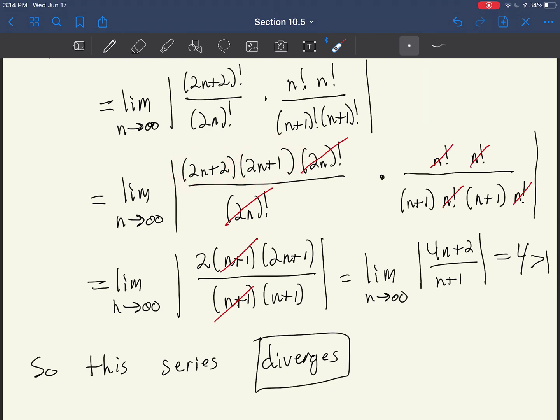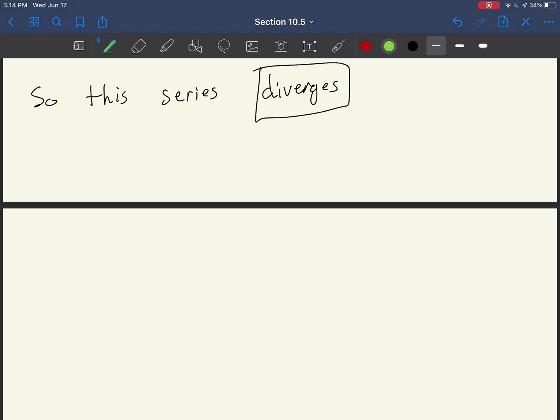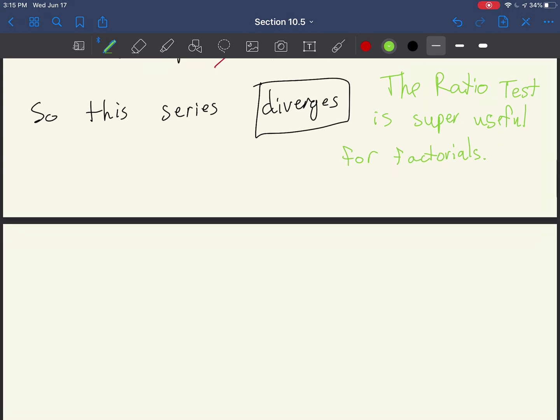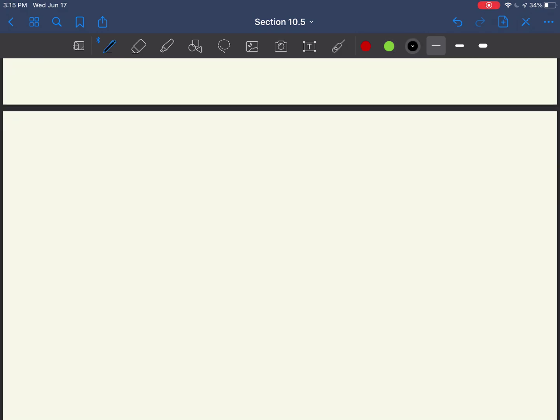But this method that you see here, this whole let's peel off terms of the factorial until we get the common factorial so they can cancel, that is how you normally deal with factorials. In general, the ratio test is super useful if the series has factorials. If it has factorials, you should just immediately think ratio test.